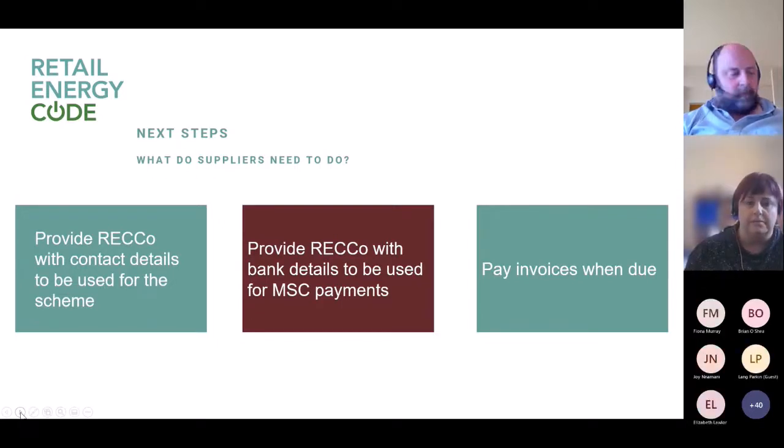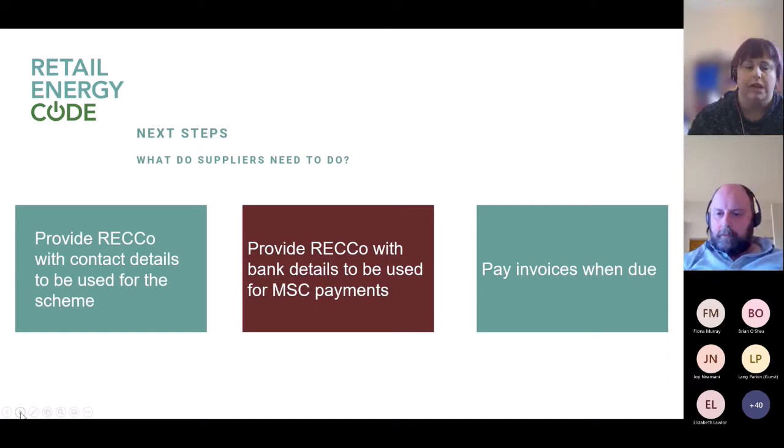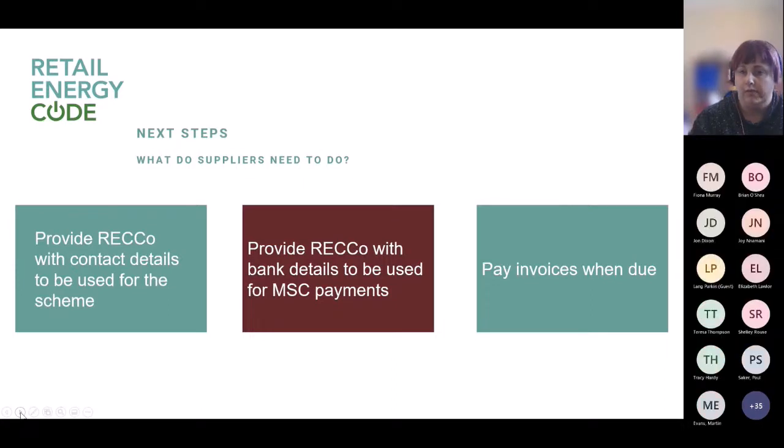Thanks, Fiona. So I suppose it's just worth recapping then what the expectations are on suppliers, which John and Brian have covered off. So just to confirm, that is to provide the contact details for operational and financial contacts for use within the scheme. There'll be a request to confirm and provide bank details to be used for the MSC payments.